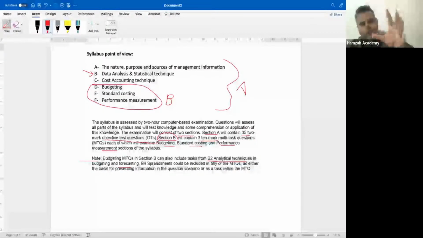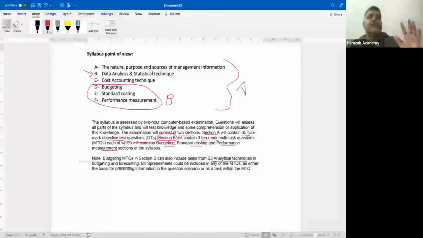If you're finding it difficult to understand what Excel or a spreadsheet is or how we are going to use it, don't worry about that. We are going to cover it over here. We will also do practice of these questions, where you might have questions from the spreadsheet in budgeting. So I will let you know how to tackle such questions, okay? Don't worry about that. It will be taken care of.